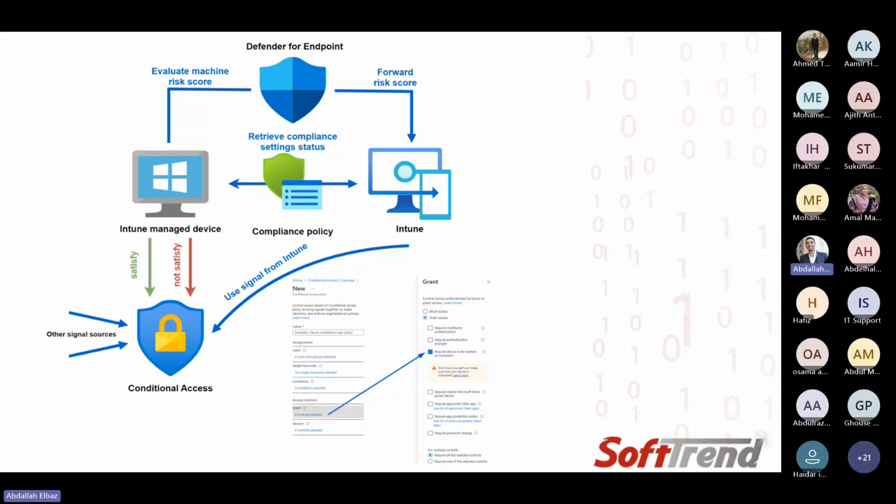As you can see here, this works like a health check for the device. If the device achieves all the requirements, it will be healthy. If not, it will not be safe to be enrolled in your environment.